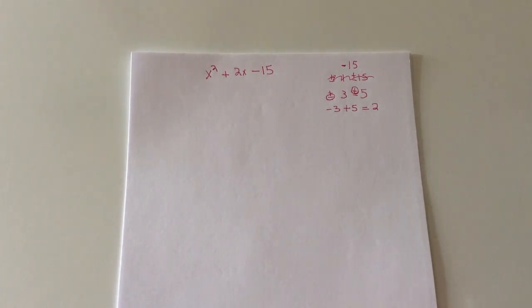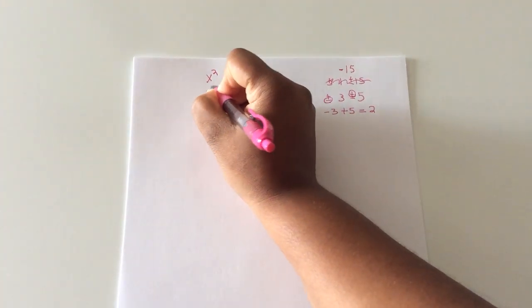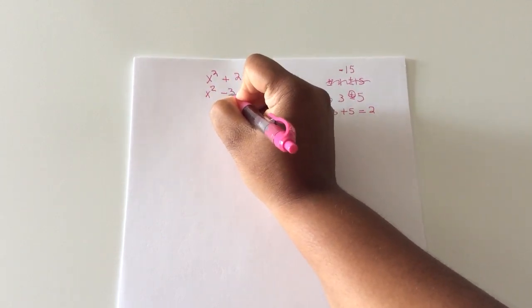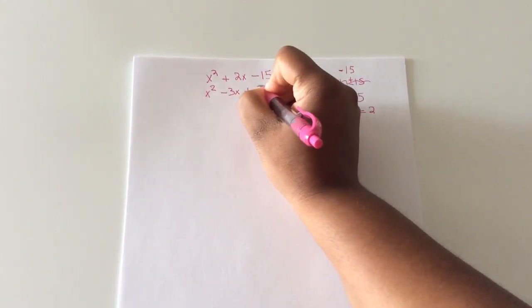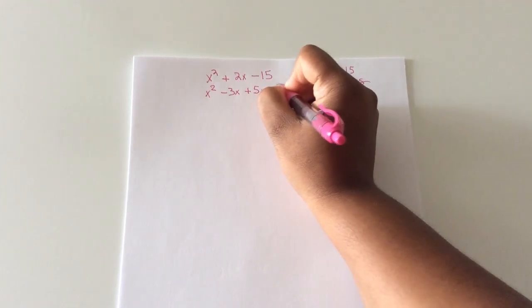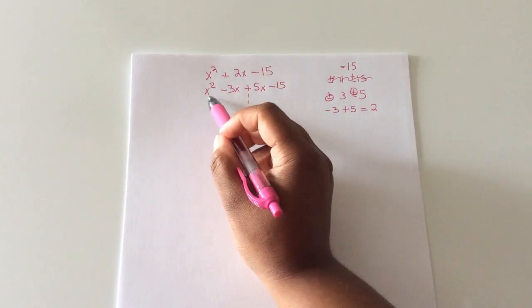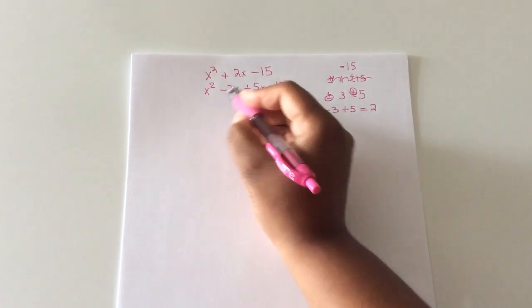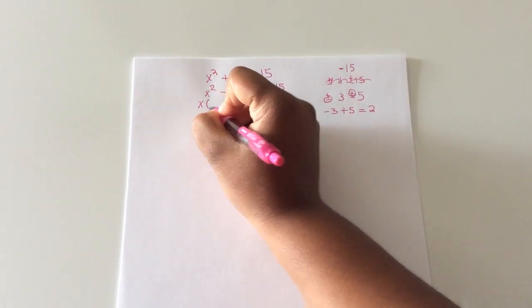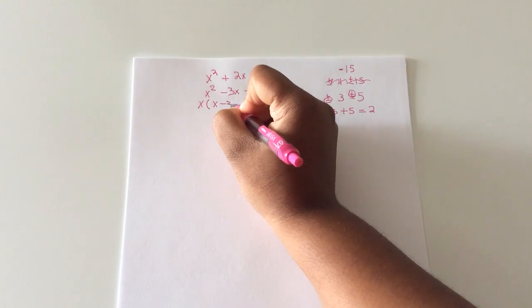We plug those into our equation: x squared minus 3x plus 5x minus 15. We divide it down the middle and ask what comes out of both. We know x comes out, leaving x minus 3.